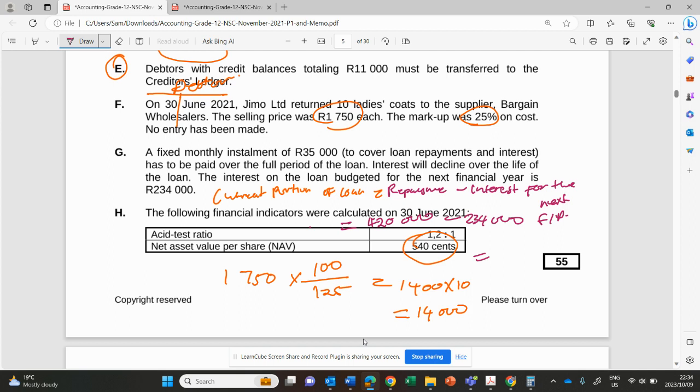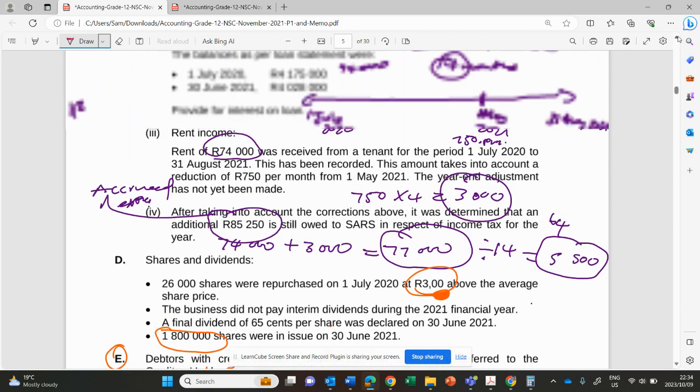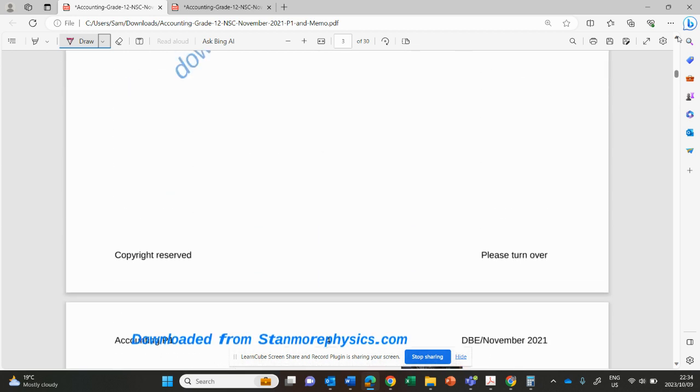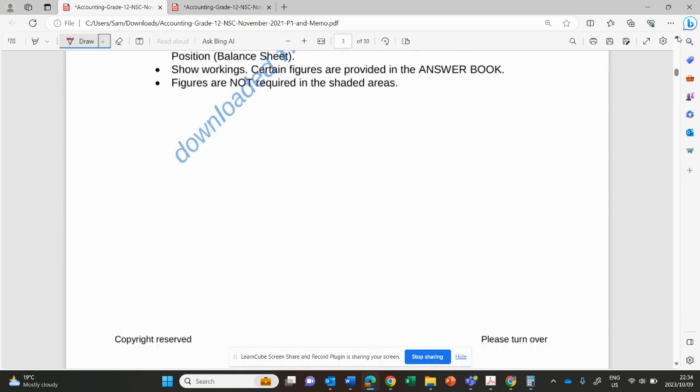Now with regard to the acid test ratio, you're going to do it like this. Let's write the formula.